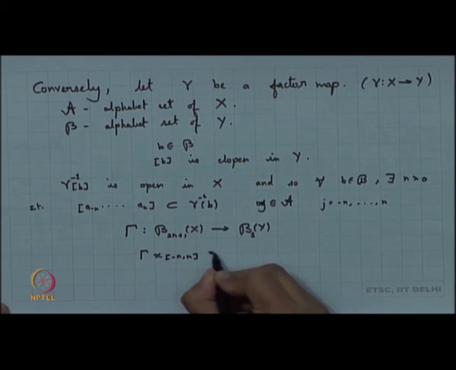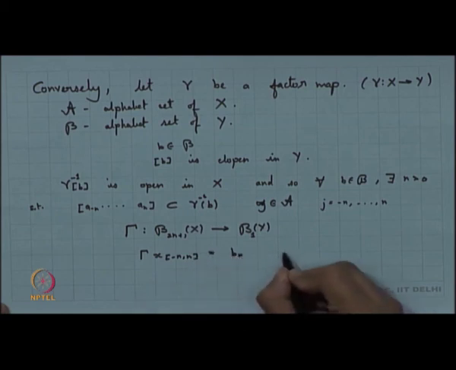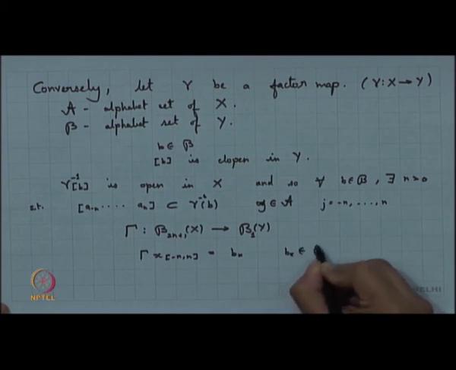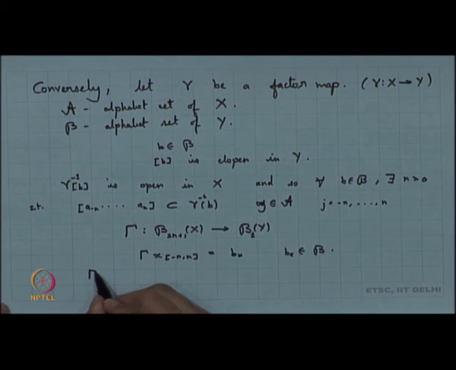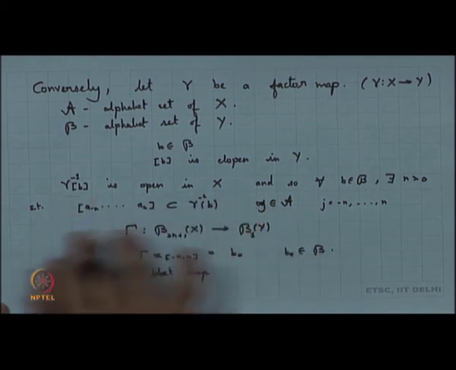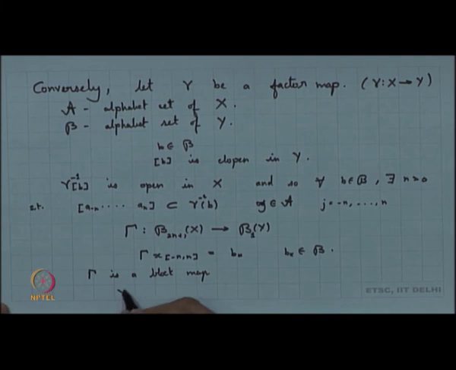It gives you some Bx where Bx belongs to B. Then this gamma is a block map, because of this factor. This gamma is a block map and your factor map gamma is induced by this block map gamma.